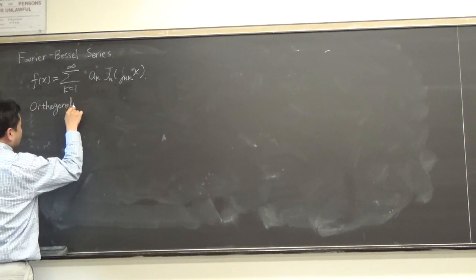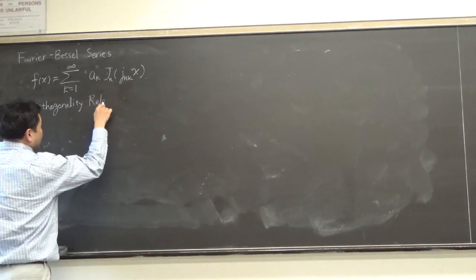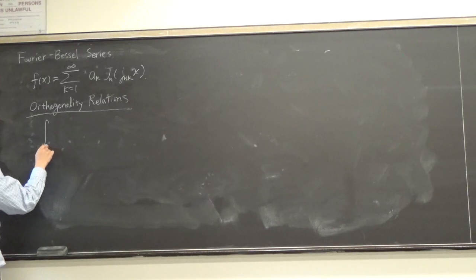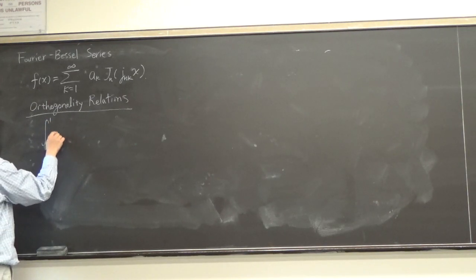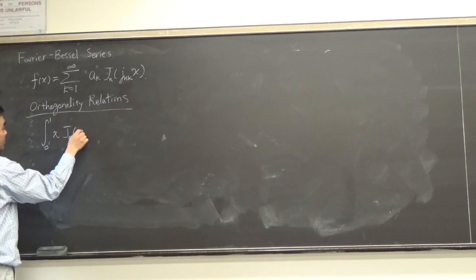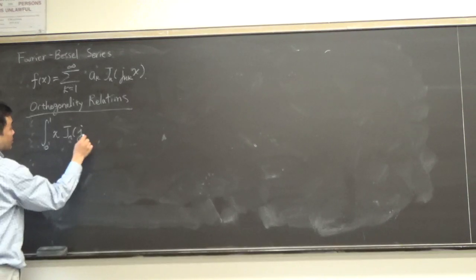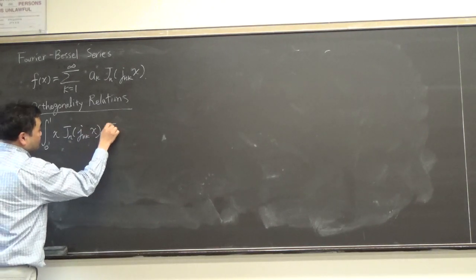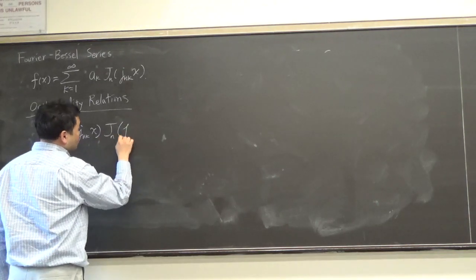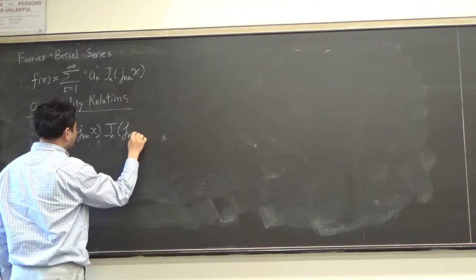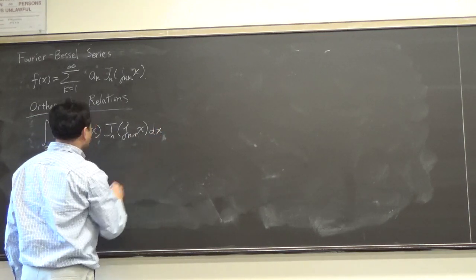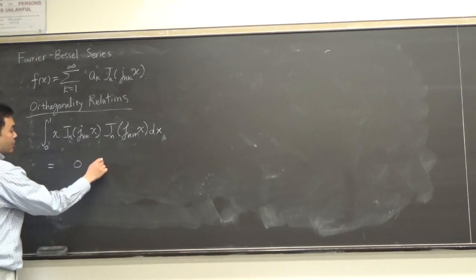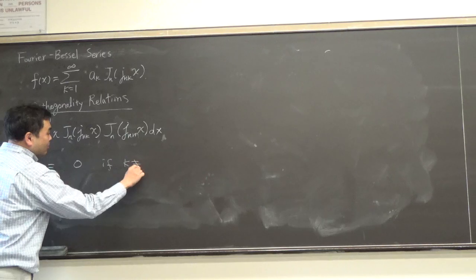These are the integral from 0 to 1 of x times J_n(j_{n,k} x) times J_n(j_{n,m} x) dx, which is going to equal 0 if k and m are different.